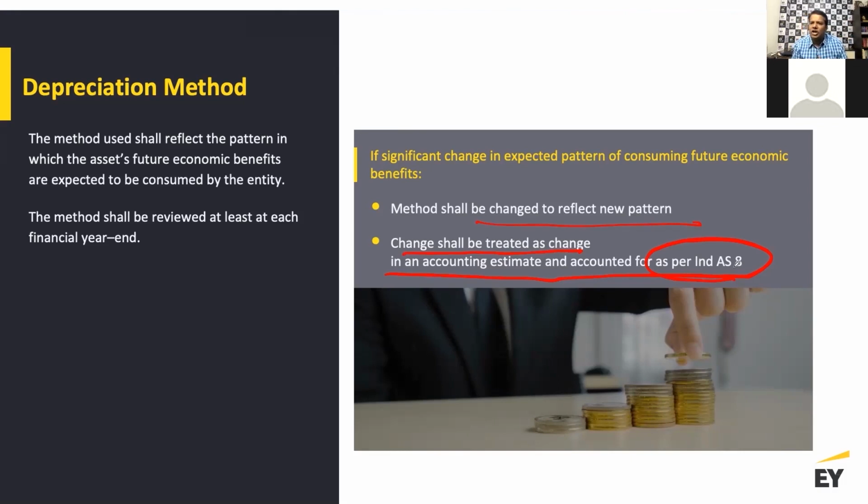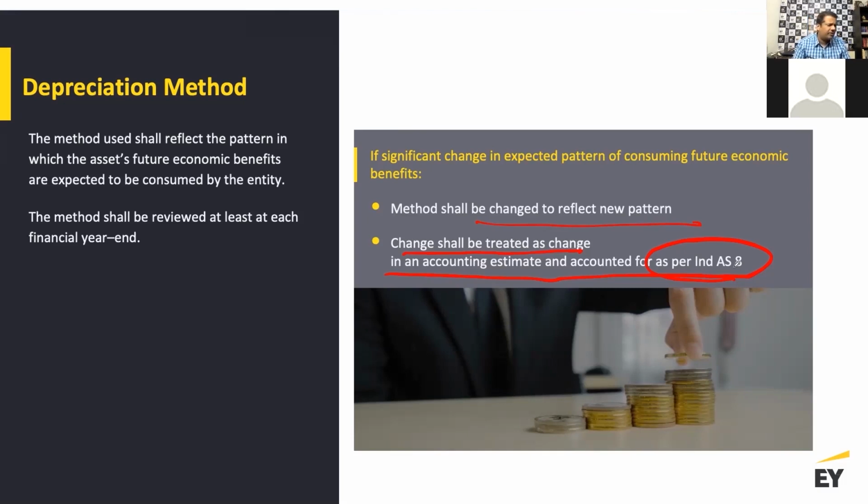I think this is very, very important for you to understand, that a change in the method of depreciation, or a change in the estimated useful life of the asset, or a change in the estimated residual value of the asset, all of these are considered as a change in estimate, which is to be accounted for on a prospective basis.